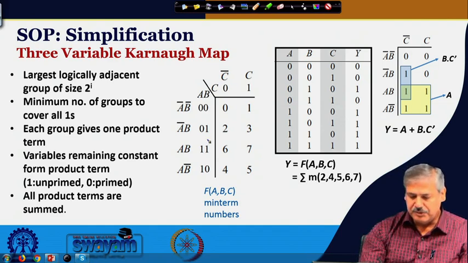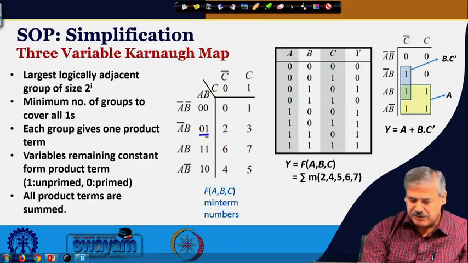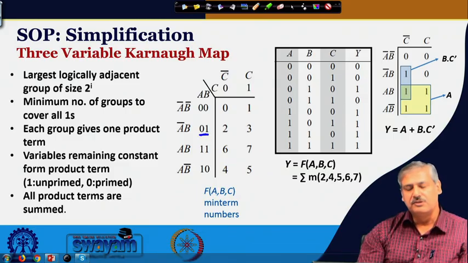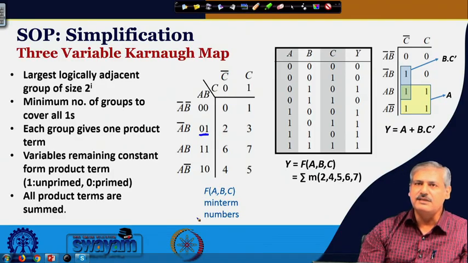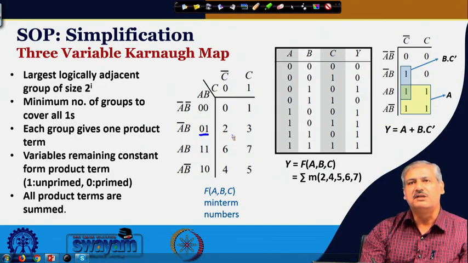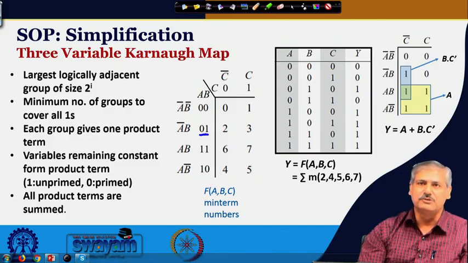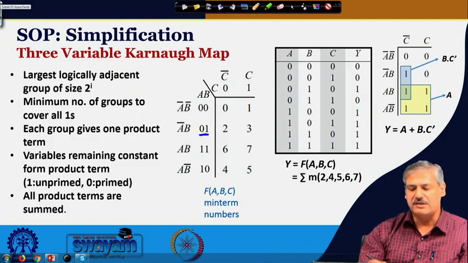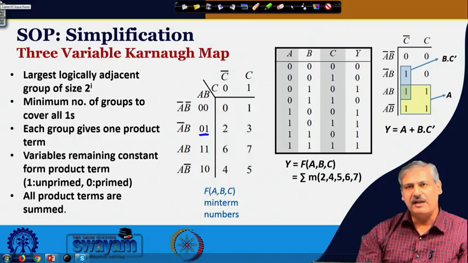Now you remember that after 0 1 we are not going to 1 0, we are going to 1 1, because we are looking for a logical adjacency between two neighboring positions, two adjacent positions, which will help us in forming groups, right.